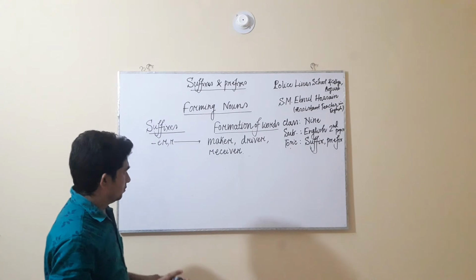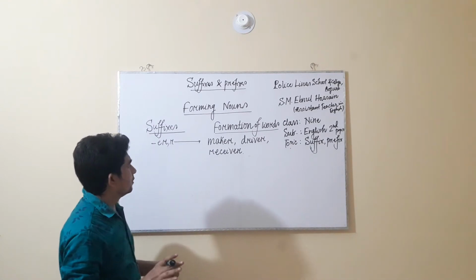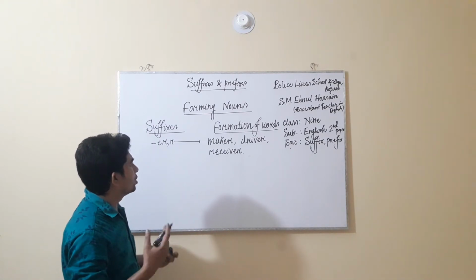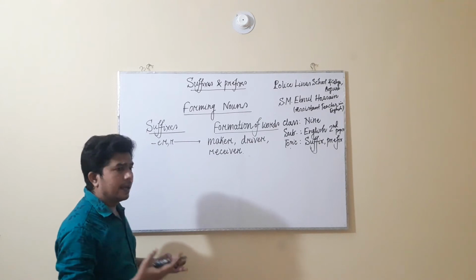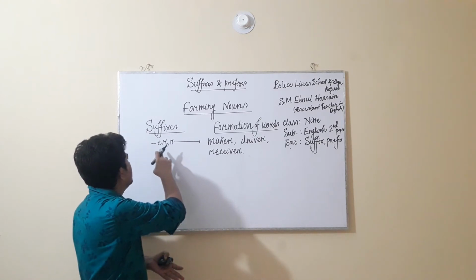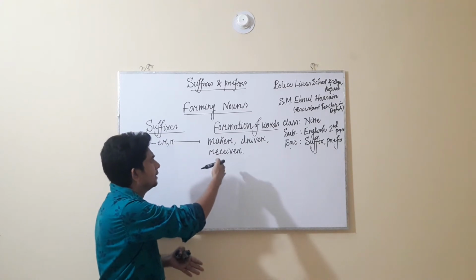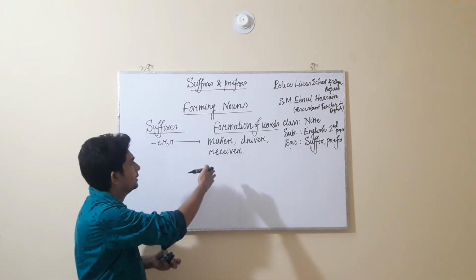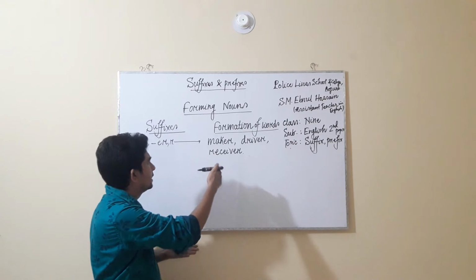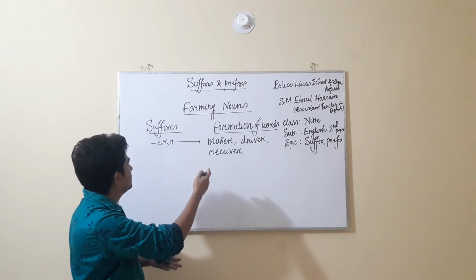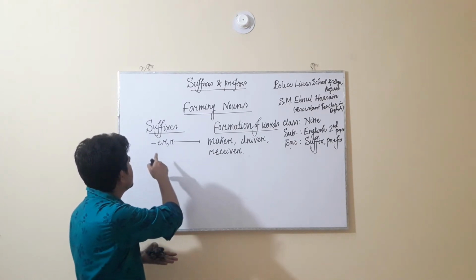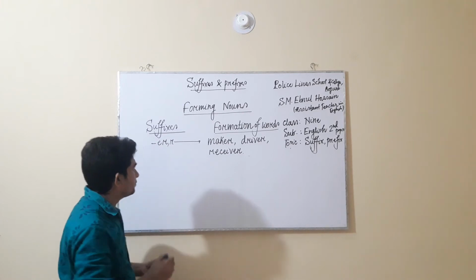And we may form a lot of words by adding the suffix ER or R. These are three sample words that we can make by adding the suffix ER or R.